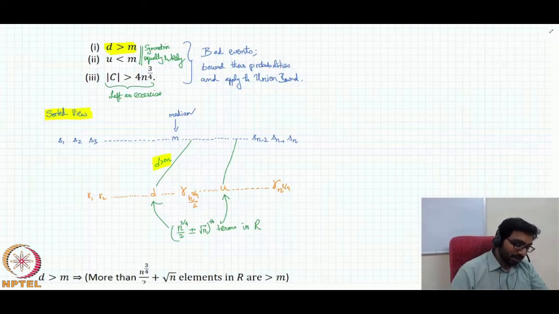And we want to show that the first bad event, namely that D is greater than M, happens with very low probability. So let's look at that event a bit more carefully.